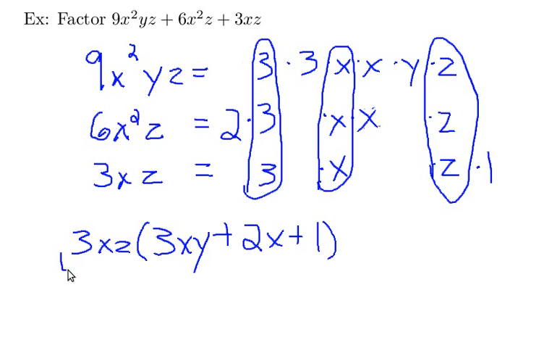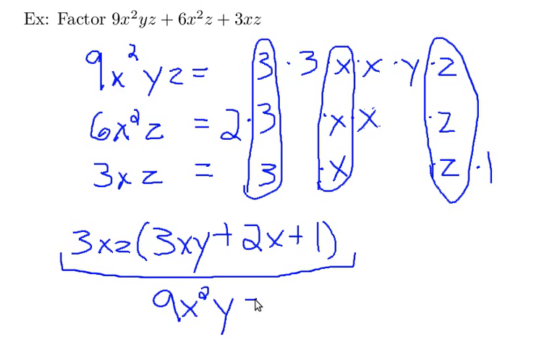So this, if I did everything right, should be the final answer. So let's go ahead and check it. I'm not going to draw the individual lines, but 3xz times 3xy is going to give us 9x squared yz, because 3 times 3 will give you 9, 2 x's, y squared, 1y, 1z, and then 3xz times 2x equals 6x squared z, then 3xz times 1 equals 3xz.